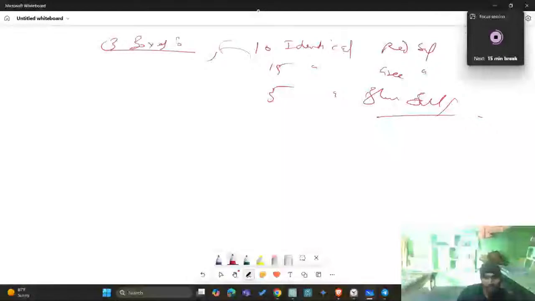First we distribute 10 red balls into three boxes. So n is equal to 3 and r is equal to 10.